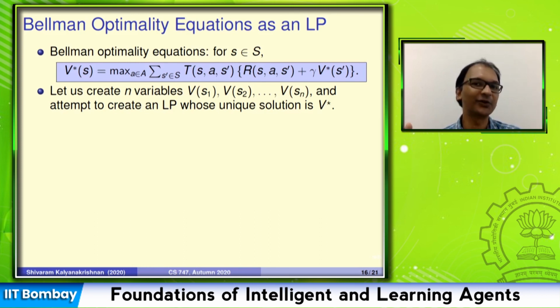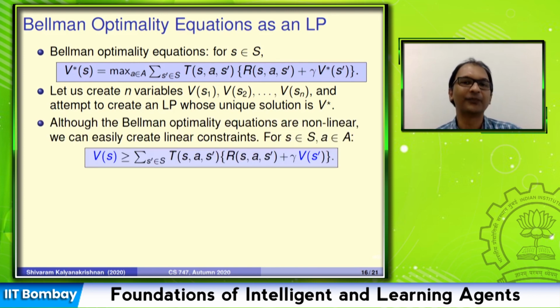What we need to do now is to subject them to linear constraints and come up with a linear objective function, along with the guarantee that the solution to that linear program will be V star. So how do we do that? First, although the Bellman optimality equations are non-linear because of the max operator, you can linearize them by just invoking the definition of max.